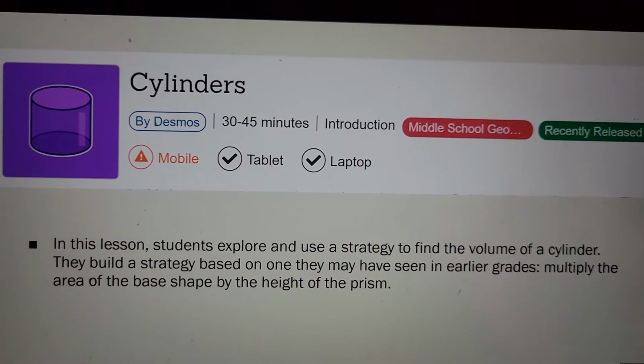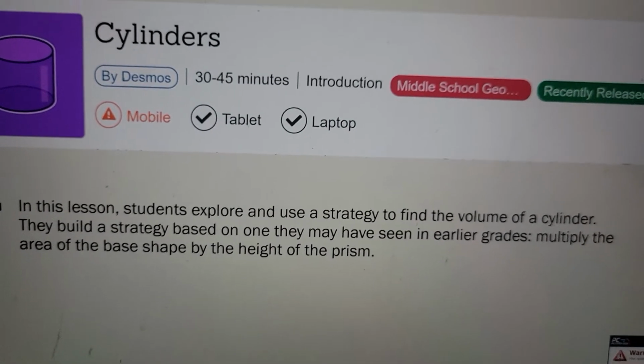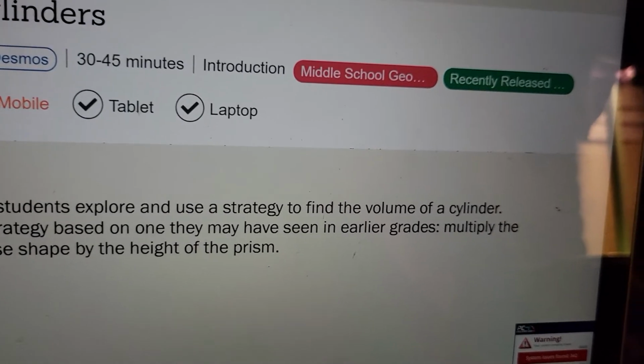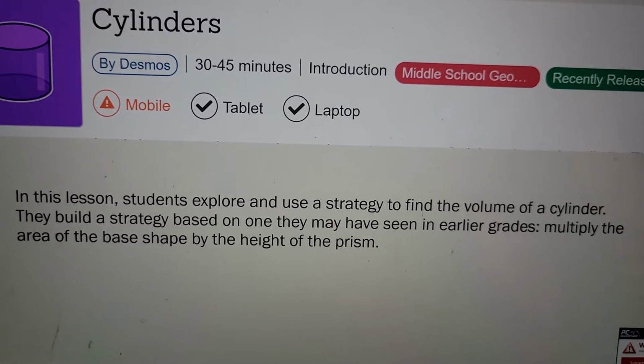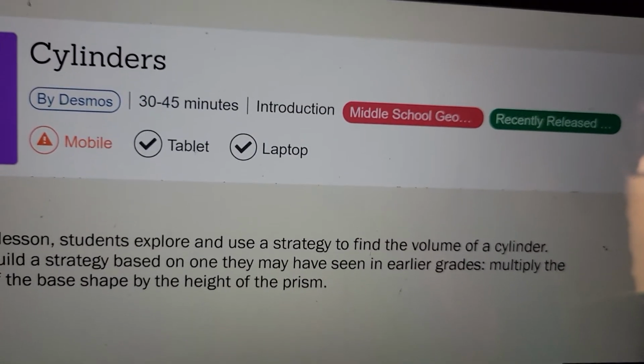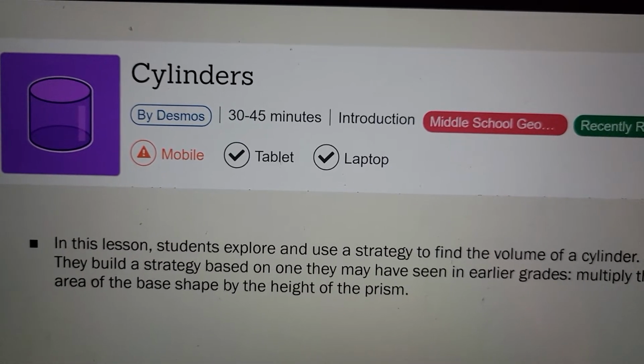So the next activity is Cylinders. In this activity, students use strategies and volume of a cylinder. They build based on what they may have seen in earlier grades. They multiply the area of the base shape and the height of the prism.